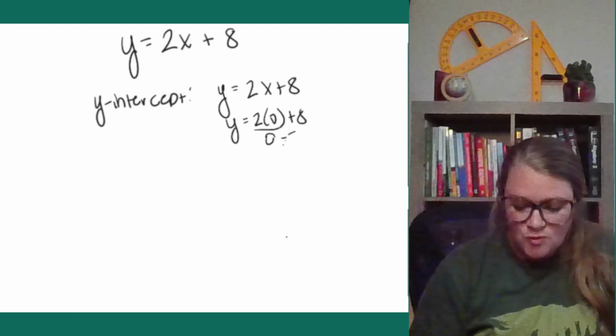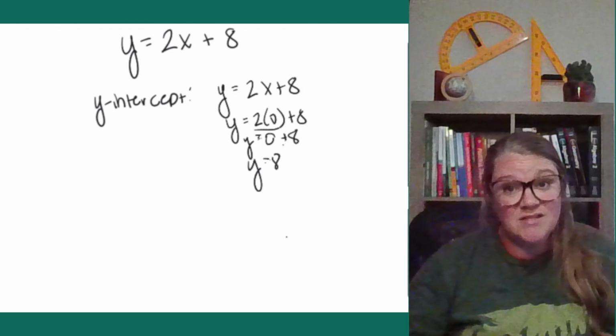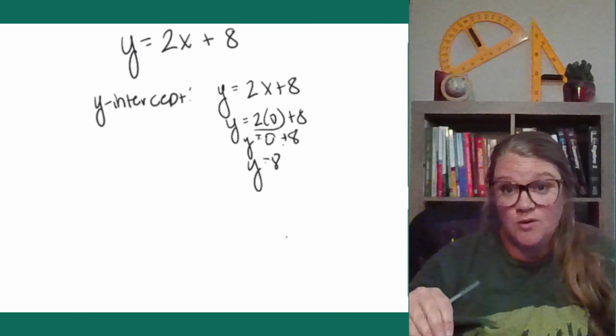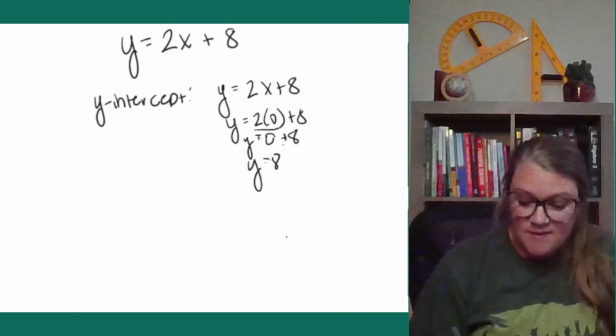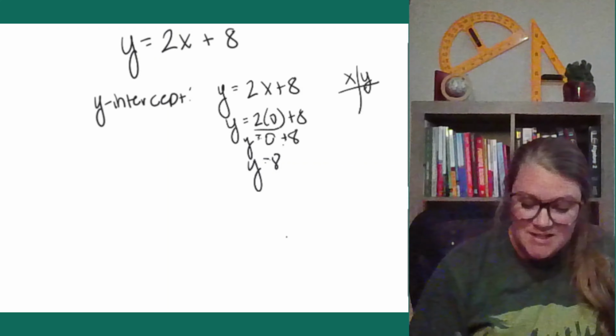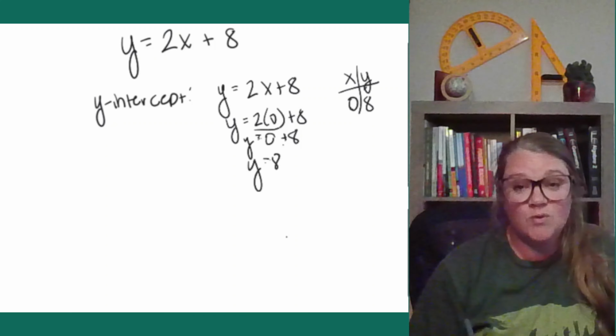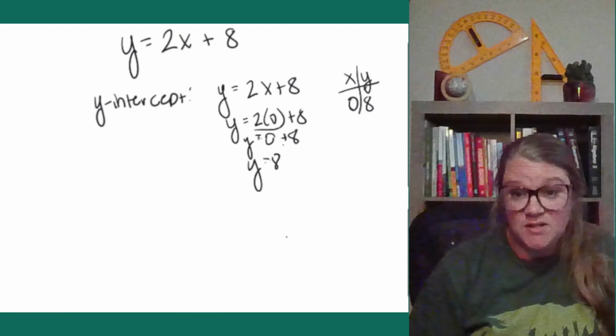Oopsies. And 0 plus 8 is 8. So y equals 8. So when x equals 0, y equals 8. Another way of saying that would be like a little input-output table: when x equals 0, y equals 8. Or the point (0, 8).